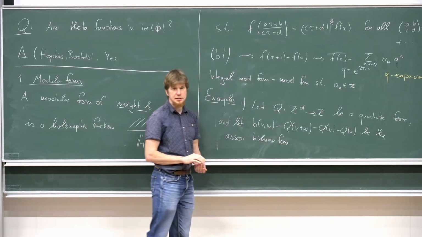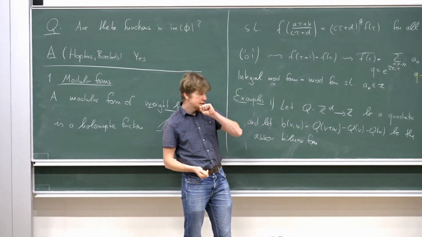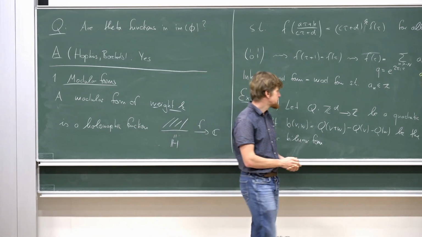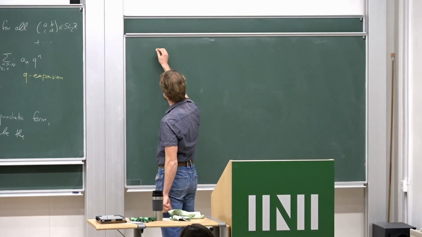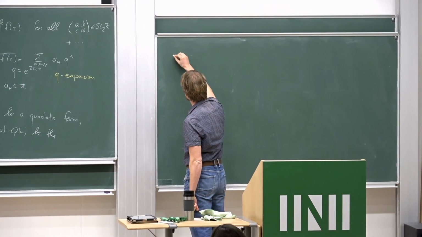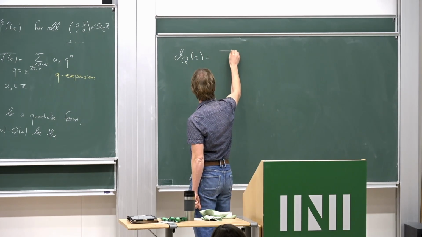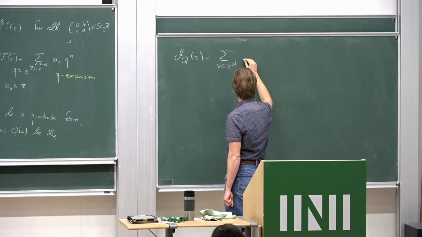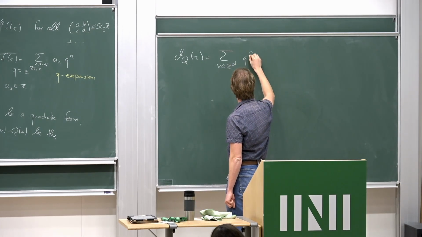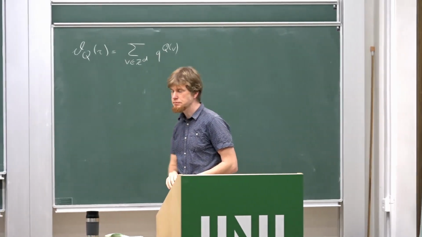Actually you can take it as a definition of quadratic form that this associated form is bilinear. And then we can just define the theta function of q to be the sum over all v in Z^d of q^(q(v)).